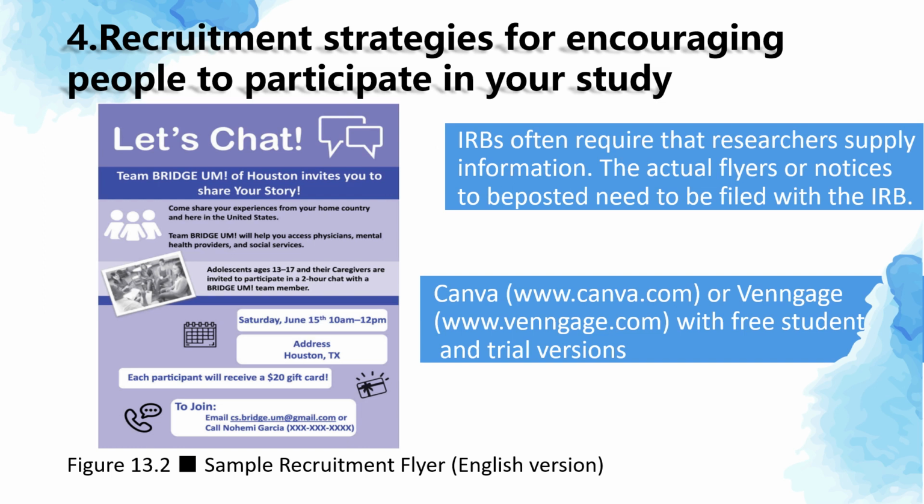IRBs often require that researchers supply information about how their participants will be recruited to the projects. The actual flyers or notices to be posted need to be filed with the IRB. Pay attention to that. The flyers or simple infographics of your study can be easily found on two websites with free student and trial versions.